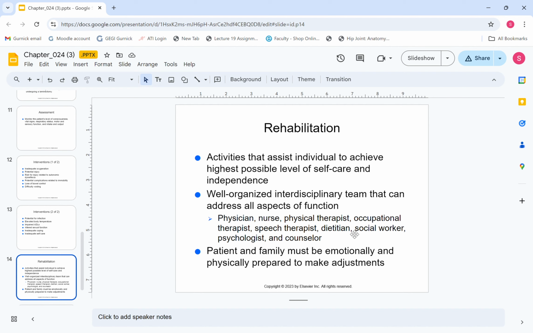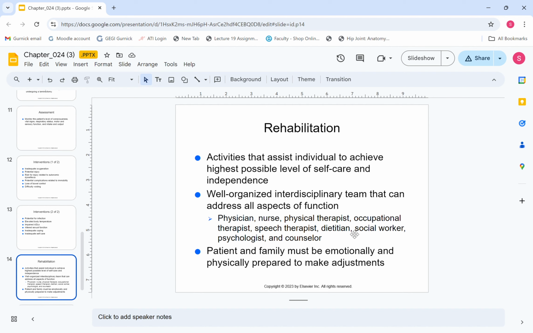They probably will have to do a lot of exercise and muscle building, because eventually they're going to want the patient to transfer themselves out of a wheelchair onto a chair, onto a toilet, in and out of bed.